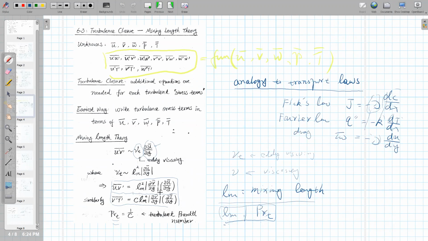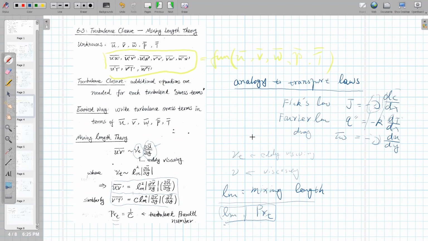How come we have the partial of V with respect to Y instead of U in the magnitude? This one, okay. Actually, this one is not that. Sorry, I missed a prime here. There's a typo here: U prime V prime. Actually, U prime V prime and V prime U prime should be symmetric.